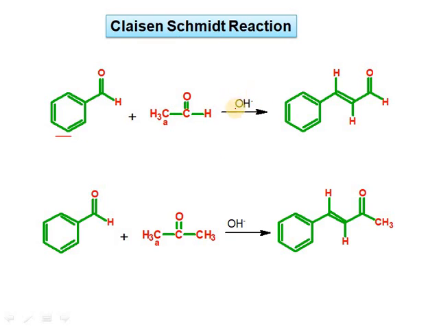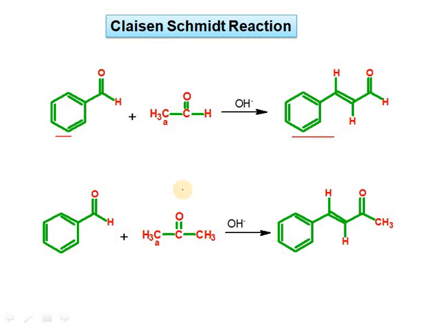So OH minus can take the proton, forming a carbanion here, and this carbanion can attack this carbonyl carbon, forming a negative charge on oxygen, which is stabilized by picking up a proton from the water molecule, converting to OH. After elimination of the OH, we get the product, an unsaturated aldehyde.